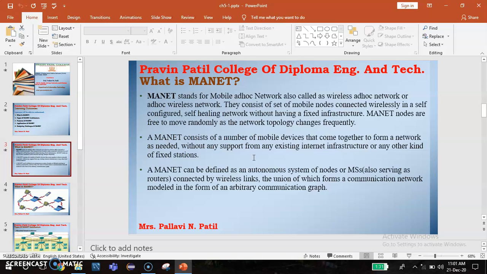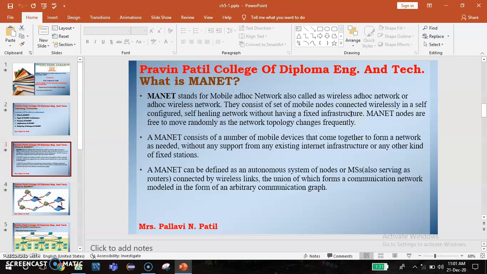Basically, MANET stands for mobile ad hoc network, also called wireless ad hoc network or ad hoc wireless network. They consist of a set of mobile nodes connected wirelessly in a self-configured, self-healing network without having fixed infrastructure.